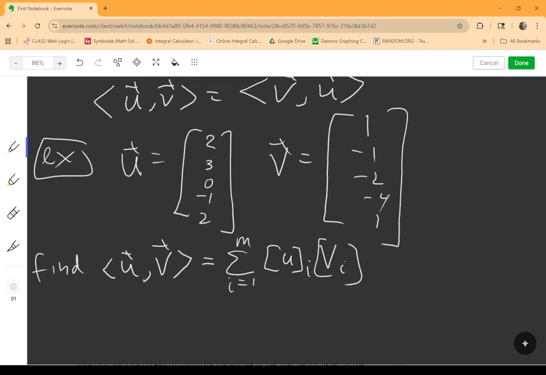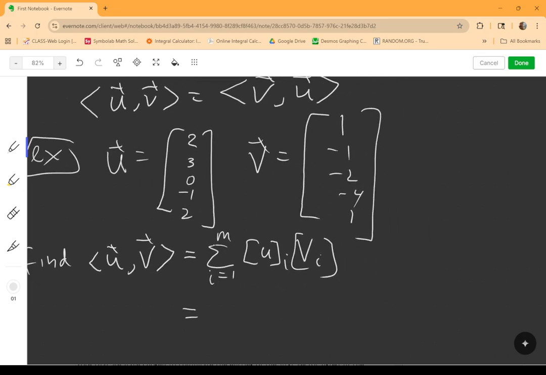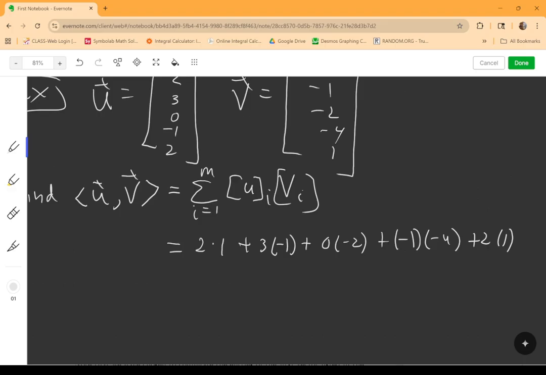You go element-wise: 2 times 1, plus 3 times negative 1, plus 0 times negative 2, plus negative 1 times negative 4, plus 2 times 1. So here we have 2 minus 3, that's negative 1, plus 0, plus 4, plus 2, so we get 5.